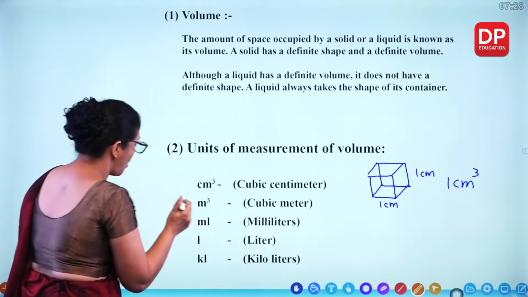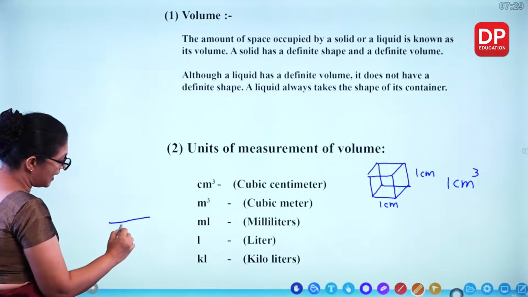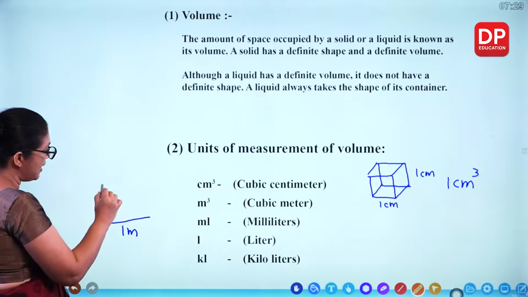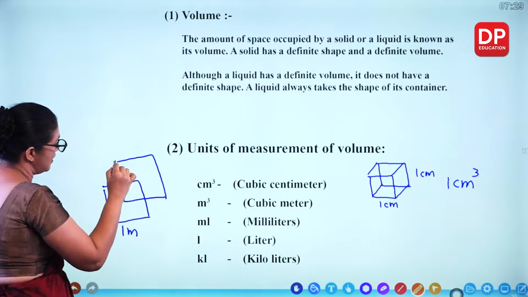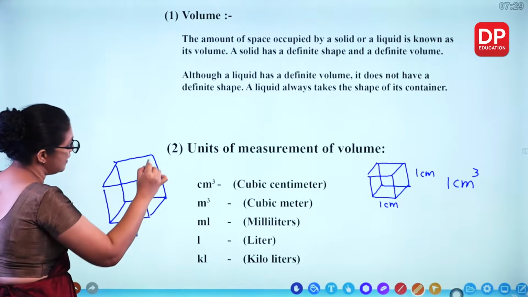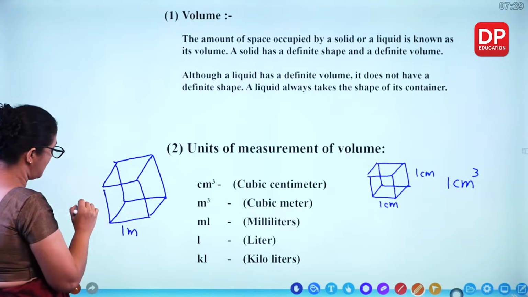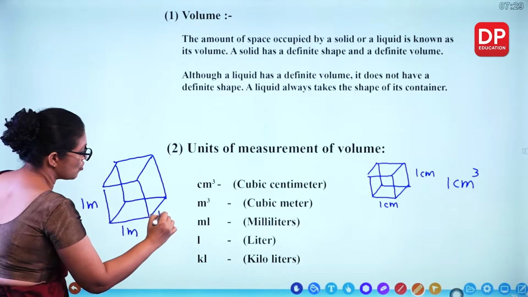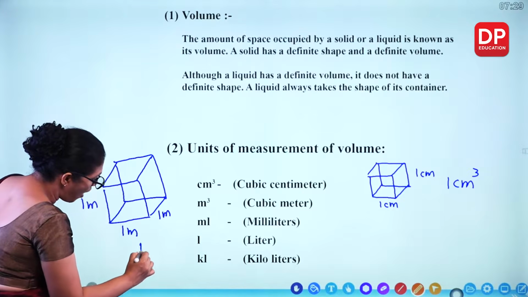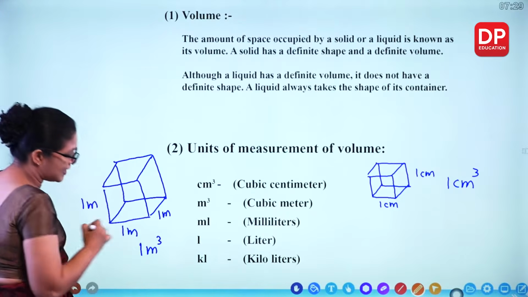When you take 1 meter length, 1 meter width and 1 meter height, this is also 1 meter. That means 1 cubic meter.